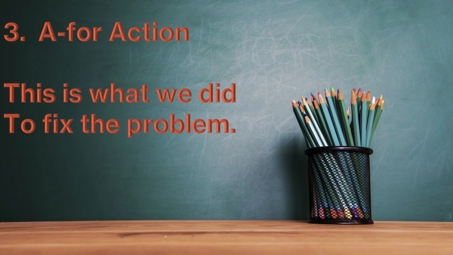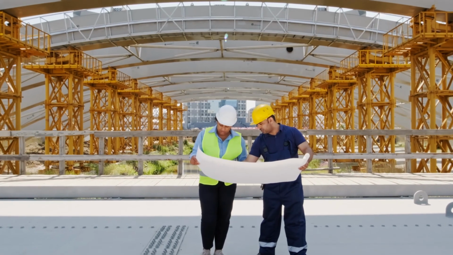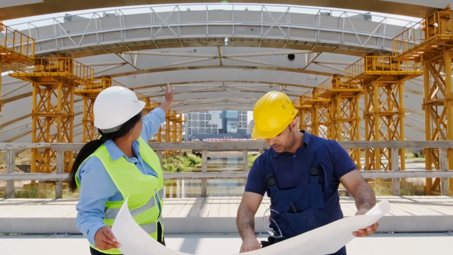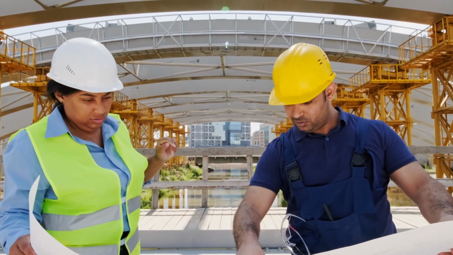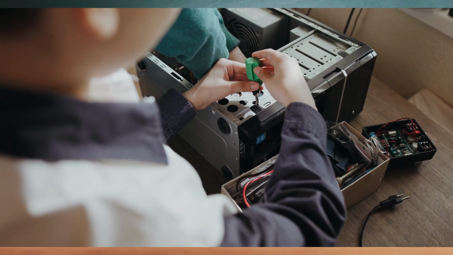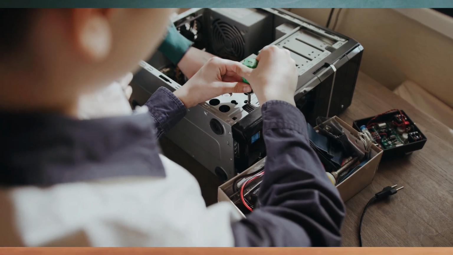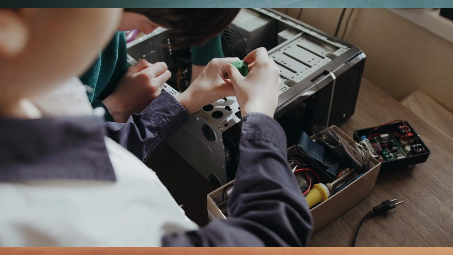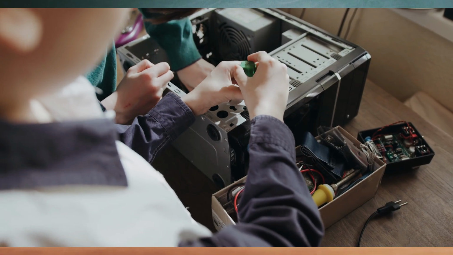A for action. This is what you did to fix the problem. So, like I said, you had the situation. This is what was going wrong. Task. These are the things you saw you needed to fix. A is the action. This is how you fixed those tasks that you saw. So, this is, well, I programmed the PLC to do this.